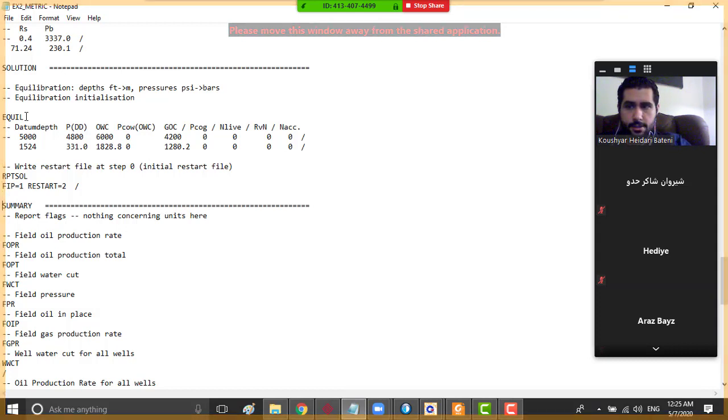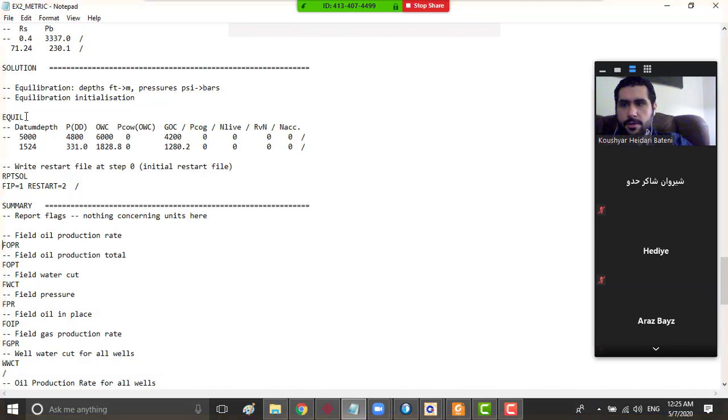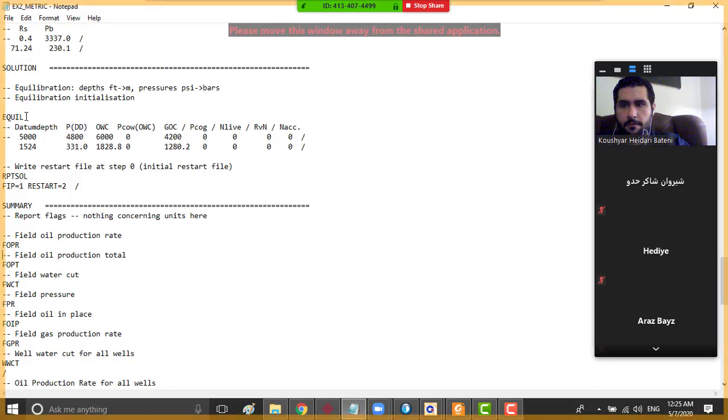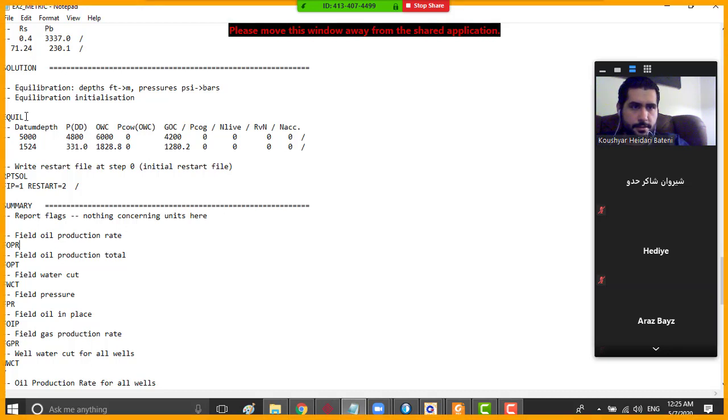In the summary section, you see keywords like FOPR, which don't need a slash to terminate them. They have no input data.